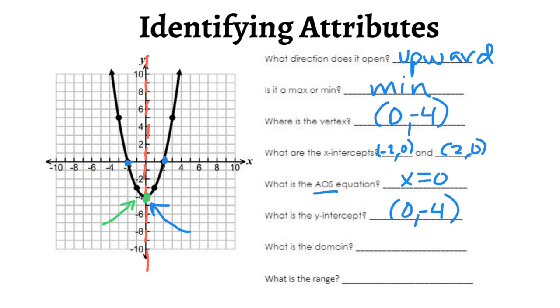And finally, we're down to our last two attributes, the domain and the range. When you're looking at the domain, because we have two arrows, right, we have one going to the left and we have one going to the right, all x values are possible. So you can say x is between -infinity and +infinity.